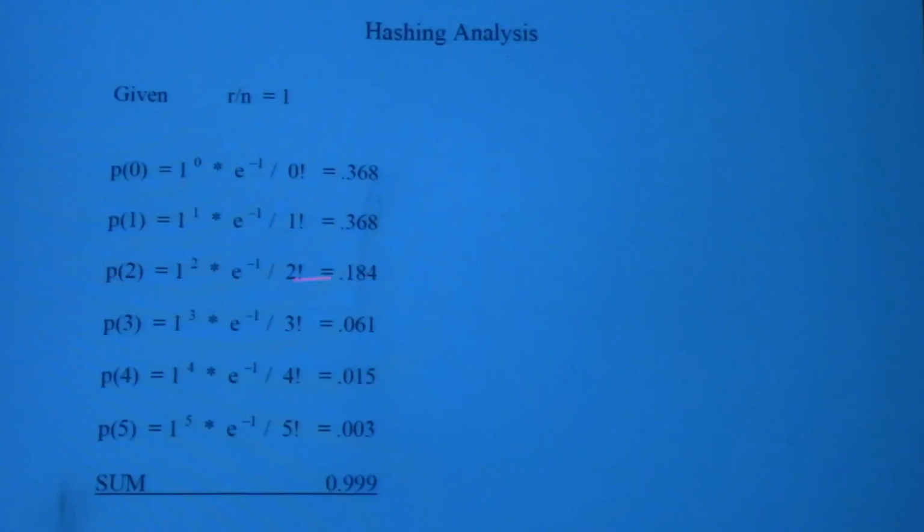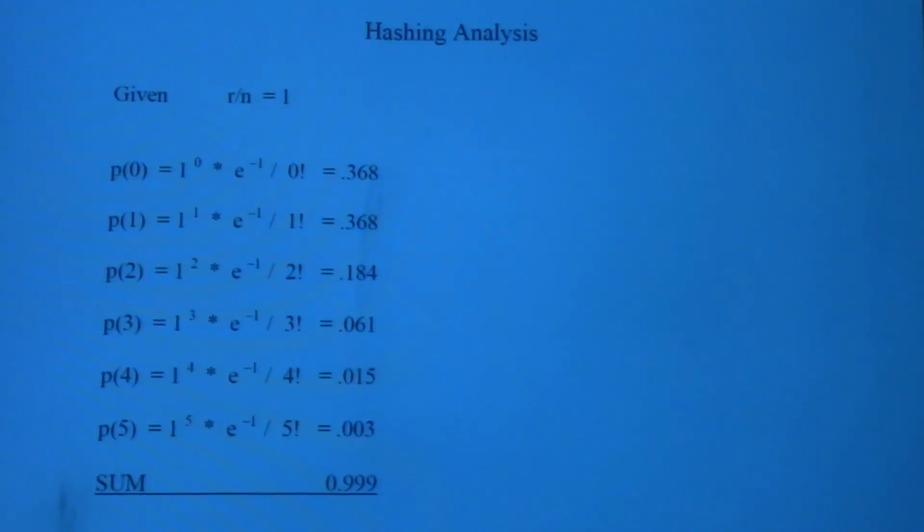But here, we're going to have 2 records trying to get into the same slot. What's the probability of 2? 184 slots will have 2 records trying to hash to them. The good news is the first one will succeed, but the second one will fail. And since there are 184 slots, there are 184 colliding records.